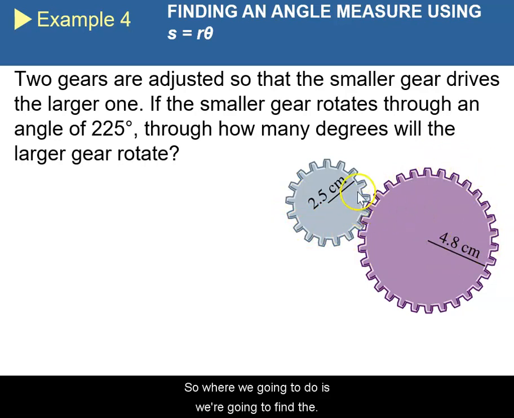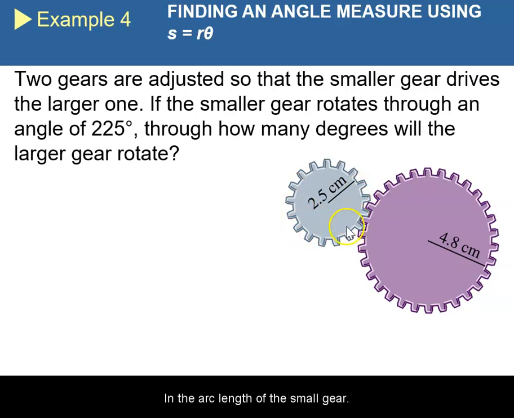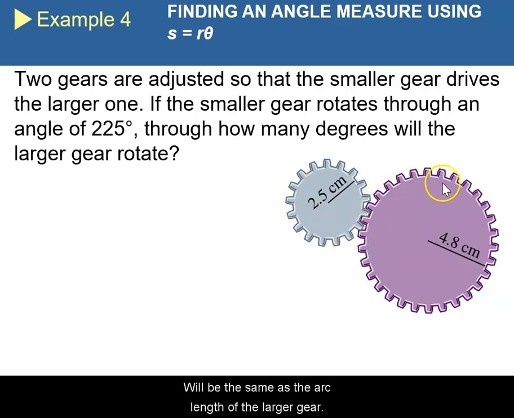So what we're going to do is find the, sorry, not the angle measure, the arc length of this. And the arc length of the small gear will be the same as the arc length of the larger gear. And so we will have the arc length and we will have the radius, but we won't know the angle, but we have a formula where we know 2 of the elements, so we can solve for the one thing we don't know, which is the radian measure here.